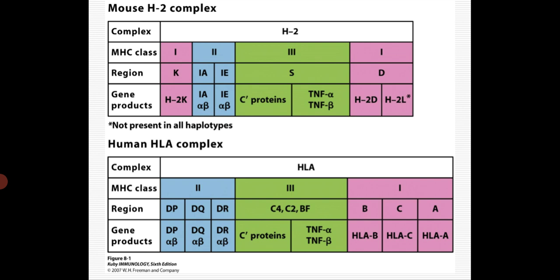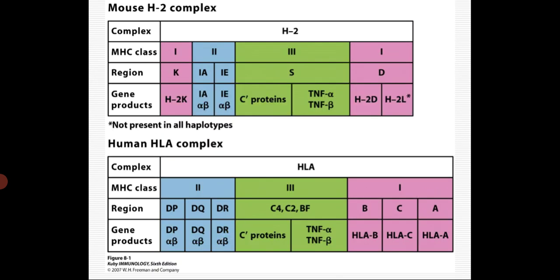Regions for first are B, C, A, and the gene products are HLA-B, HLA-C, and HLA-A for first molecule. For second, regions are DP, DQ, DR. Their gene products are DP alpha and beta, DQ alpha and beta, DR alpha and beta.